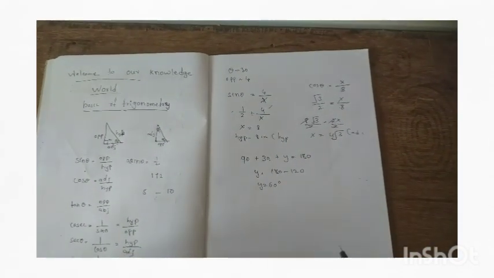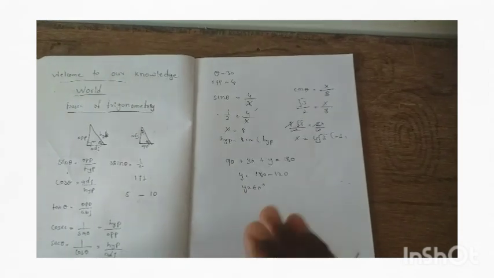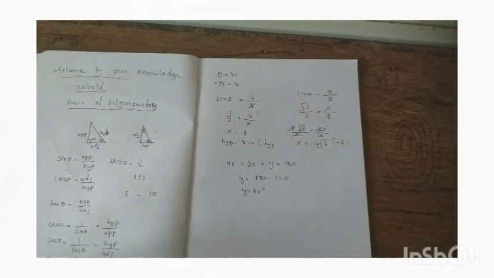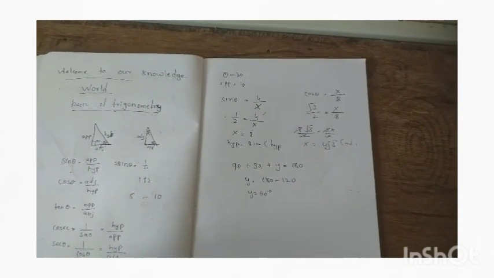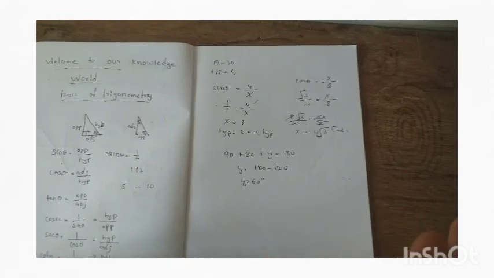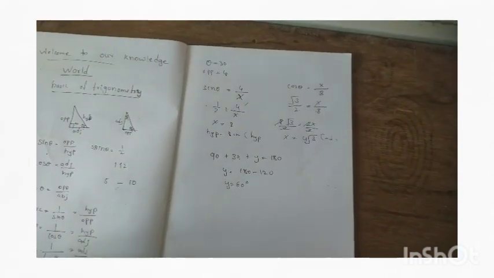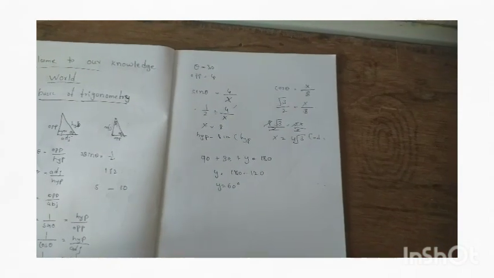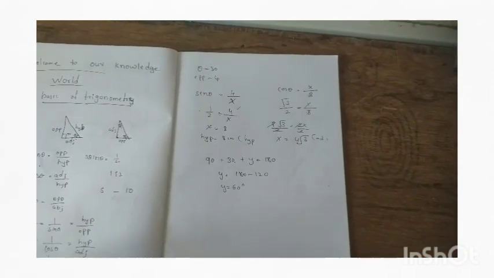Now we come to the basic identities. We can find so many identities in this, and trigonometry has a lot of formulas in intermediate, but I want to tell you up to 10th class. After that we will discuss the inter syllabus, first 10th.